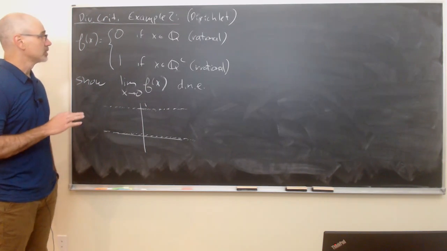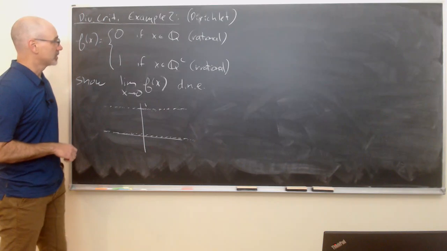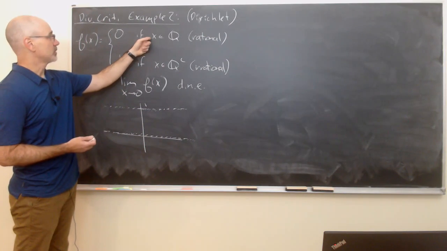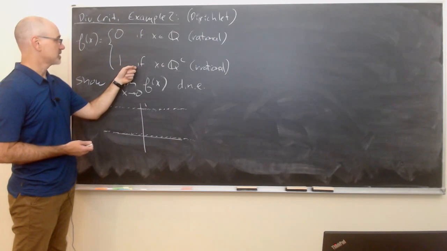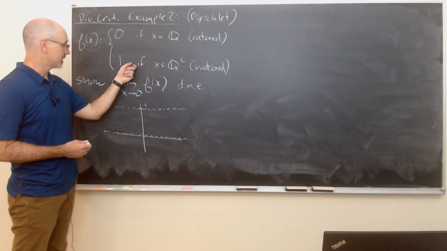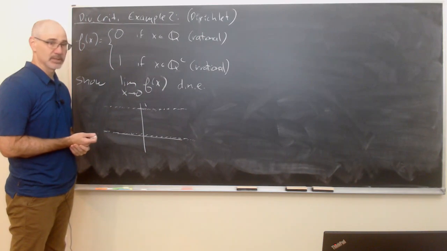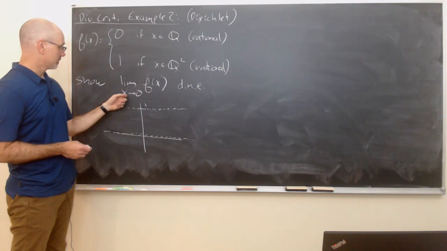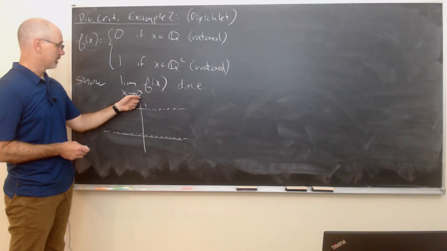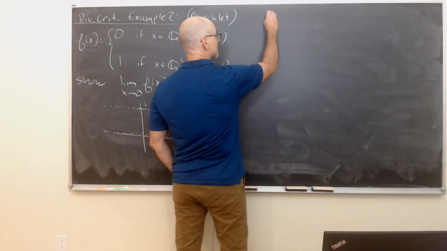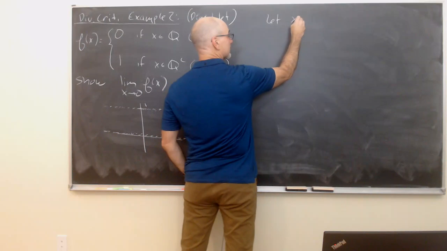Now our rule of thumb when we have a piecewise function like we do here is to cleverly select a sequence that stays on the top part and then a different sequence that stays on the bottom part, and that gives us a good shot of getting two different limits under f. Now we're interested in the limit as x goes to 0, so our sequences have to approach 0. So I'm going to let x be a sequence of rational numbers that approaches 0.